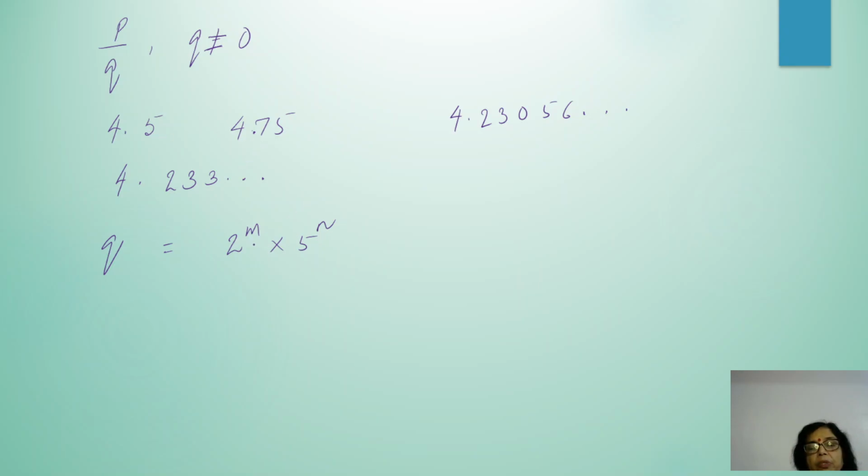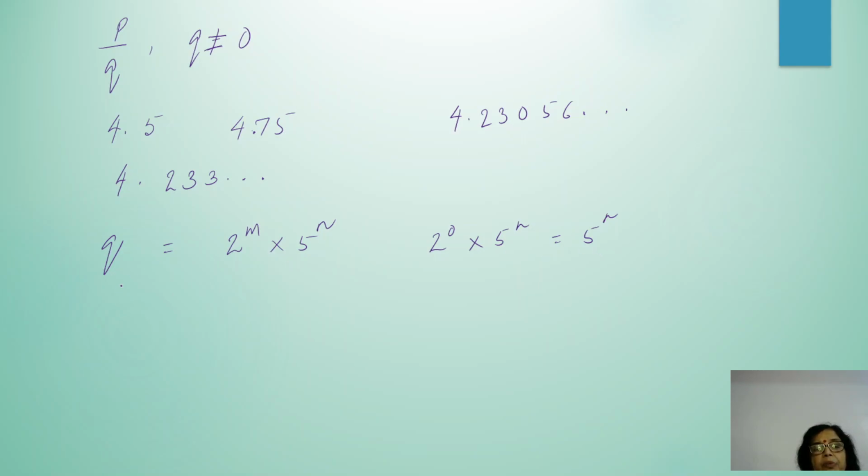Here you can also observe that m can be 0 or n can be 0. Either of them can be 0. So if m is 0, then it becomes 2 to the power 0 into 5 to the power n, so this is 5 to the power n. Similarly, if n is 0, then it becomes 2 to the power m. So if we have q in this format, then it is a terminating decimal expansion.